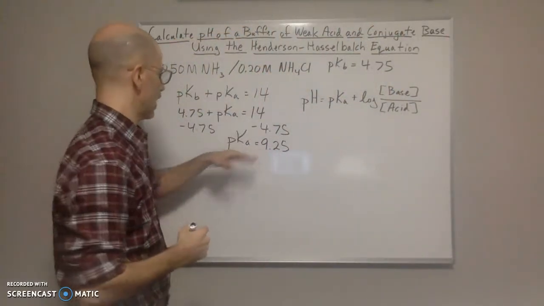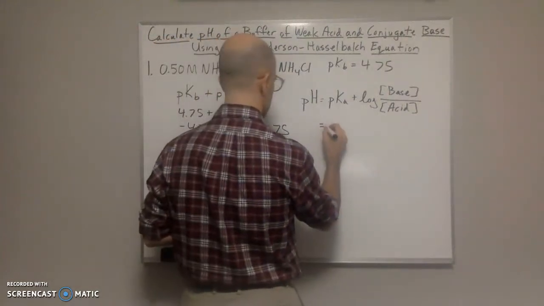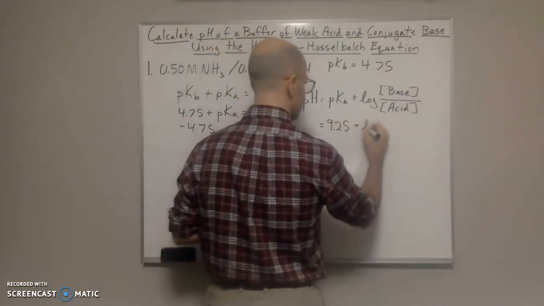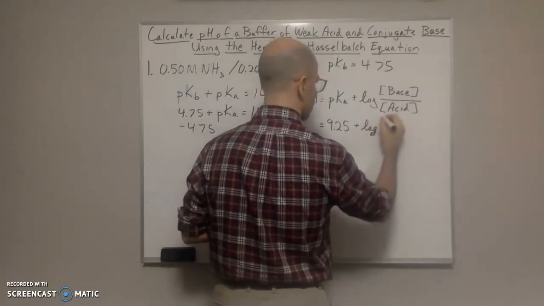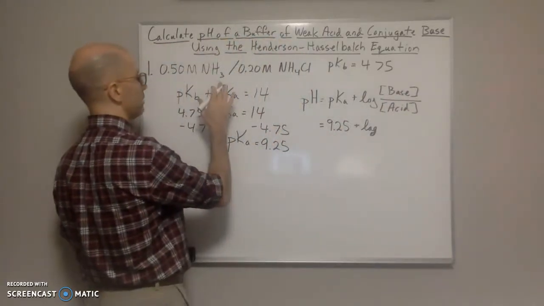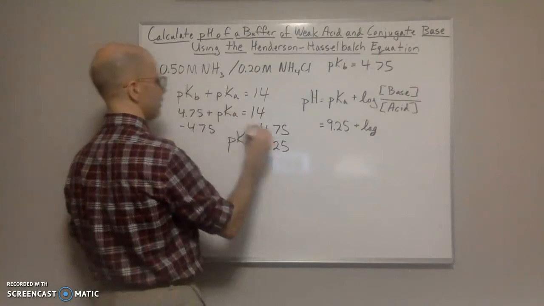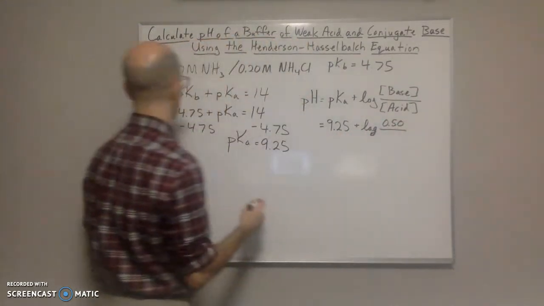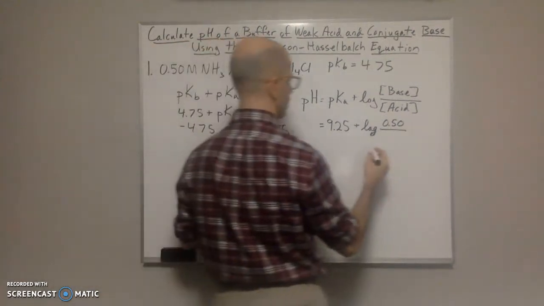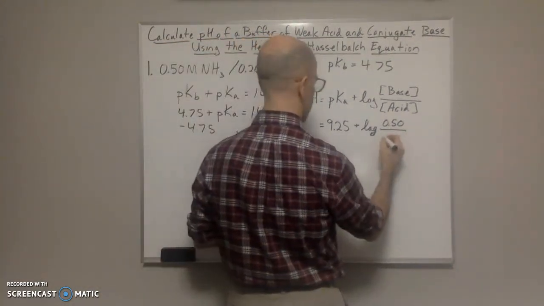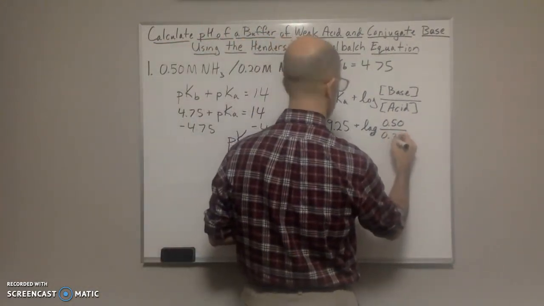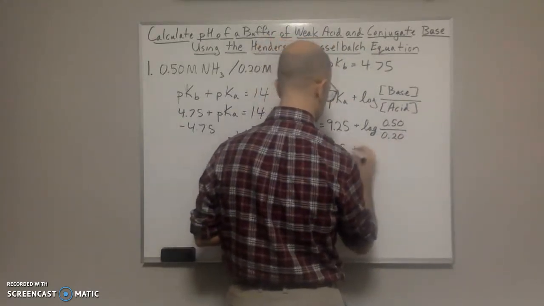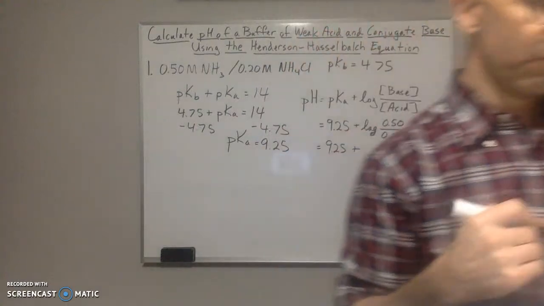We got our pKa, so it's 9.25 plus the log of the concentration of the base, which is 0.50, over the concentration of the acid, in this case 0.20.